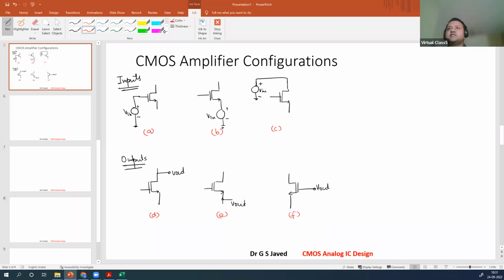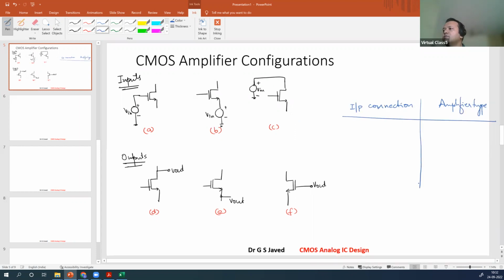Now here with this you can start among all these combinations, you can now define what are the various connections that you have. So if your input connection and amplifier type. Now, if your input connection is given at the gate and the output is taken at the drain, if your input connection is A and D, then you have common source amplifier.